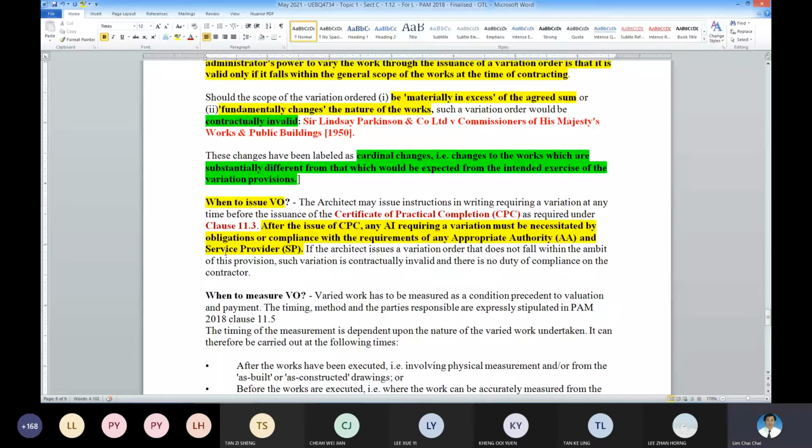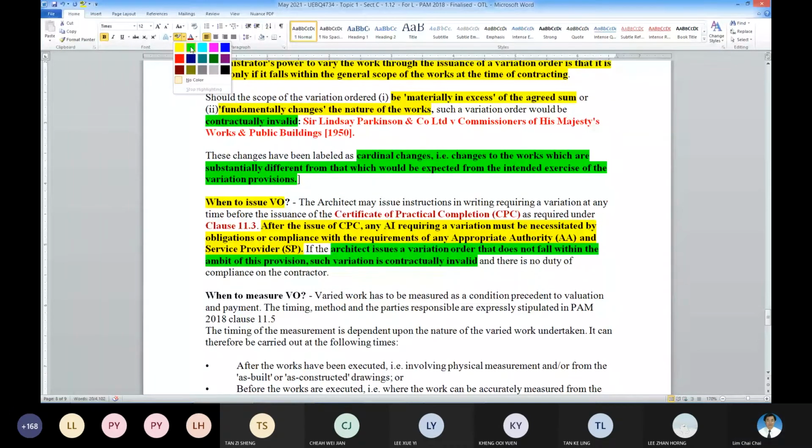If the architect issues a VO that does not fall within this, then it is invalid. So there is no duty to comply. This is what they are trying to say: if it is an invalid VO, no need to comply.